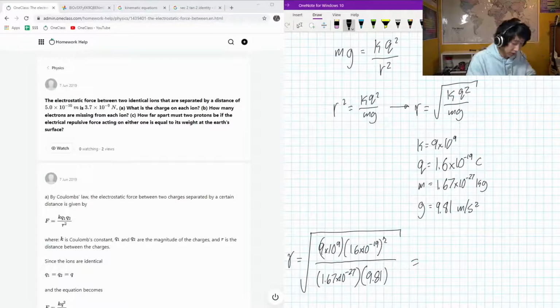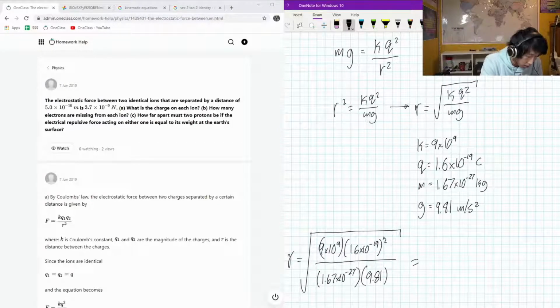Okay, let's calculate this out and see what we get. On the upstairs, we have 9 times 10 to the power 9 times 1.6 times 10 to the power negative 19 squared, divided by 1.67 times 10 to the power of negative 27, divided by 9.81, and all of that under the root.